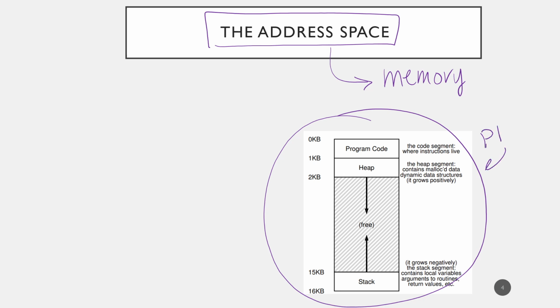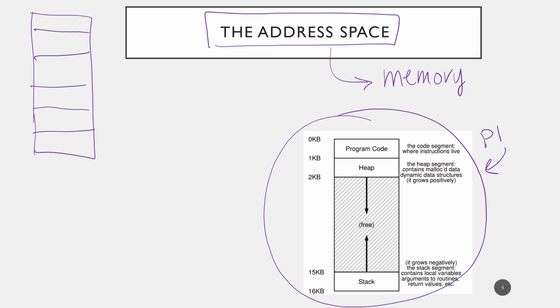Process one thinks it has this, but in reality, you have a memory map here, and process one could be broken up all over memory and managed by the operating system, but process one thinks it starts at 0, but it doesn't really. This is a virtual representation of the process, and the operating system works very hard to present to each process its own virtual representation.